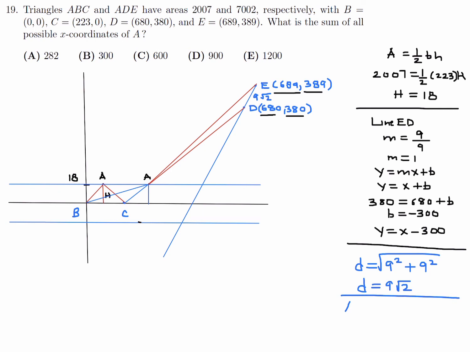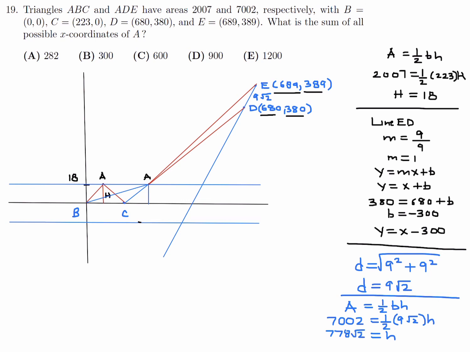So that means area is equal to 1/2 base times height. The area is 7,002 is equal to 1/2. The base I just figured out, ED, is 9 root 2. And the height, therefore, is h. And if I solve for h, I will get a value of 778 root 2.